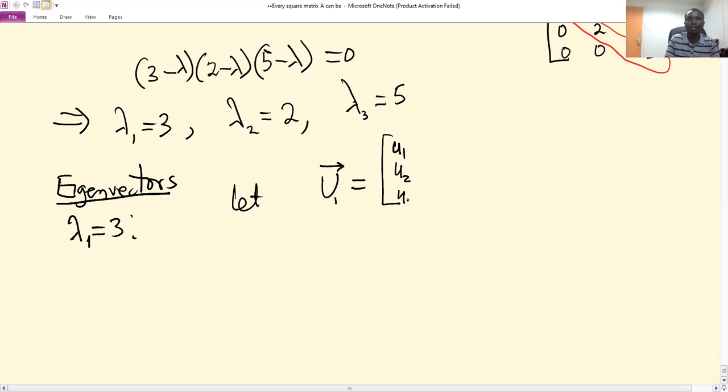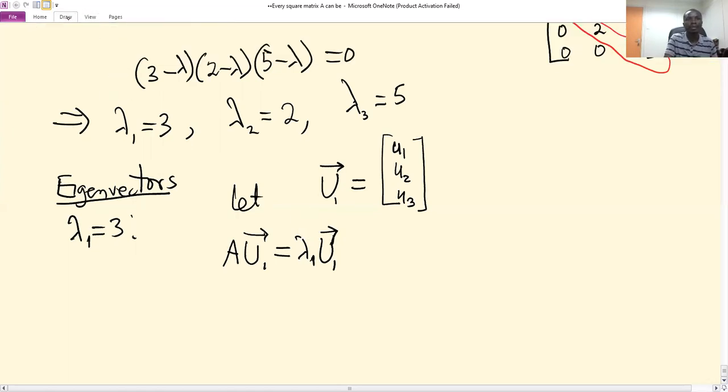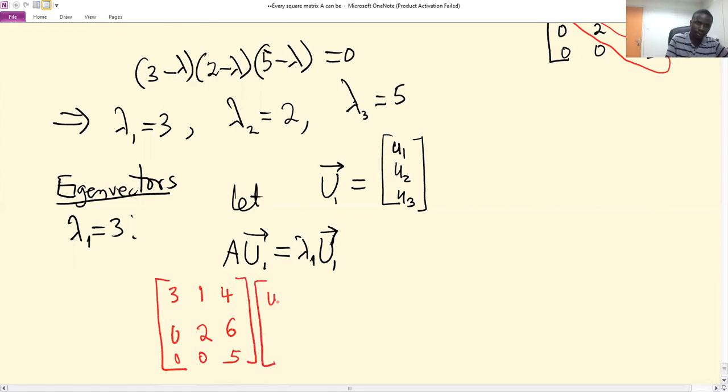Now, because we are dealing with a 3 by 3 matrix, this is the structure of the eigenvector. This is the eigenvalue-eigenvector equation that we need to solve for this vector U. So we write the matrix A, which is 3, 1, 4, 0, 2, 6, 0, 0, 5, multiplied by U1, U2, U3, equals lambda, which is 3, times the vector U1, U2, U3.